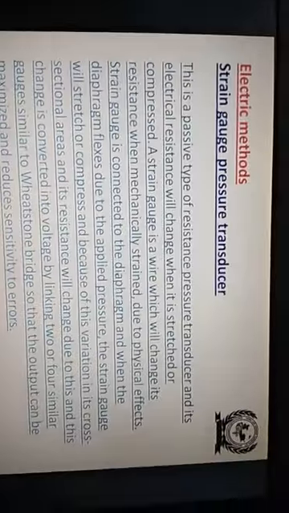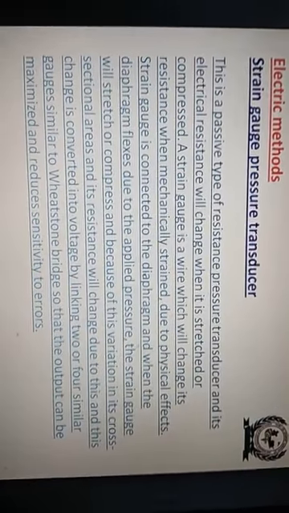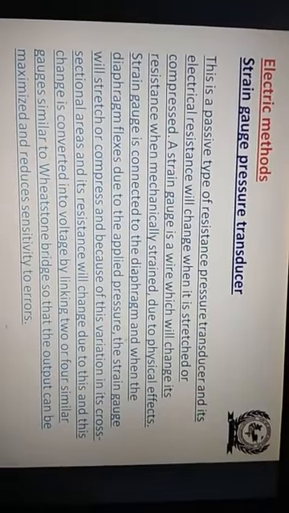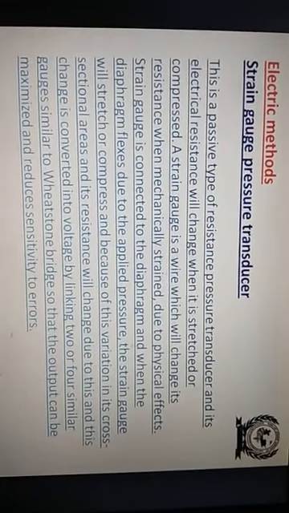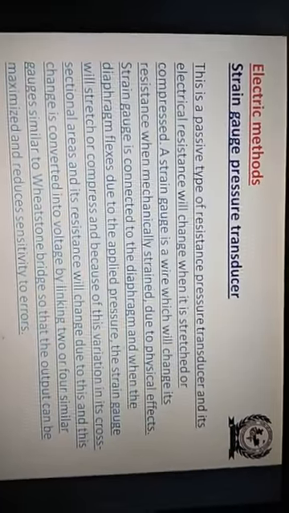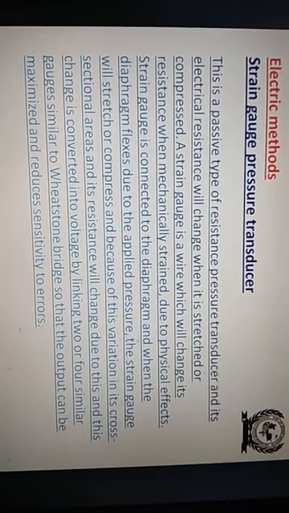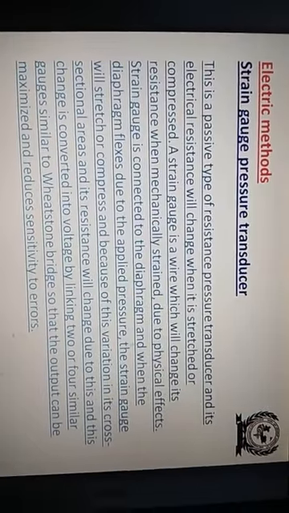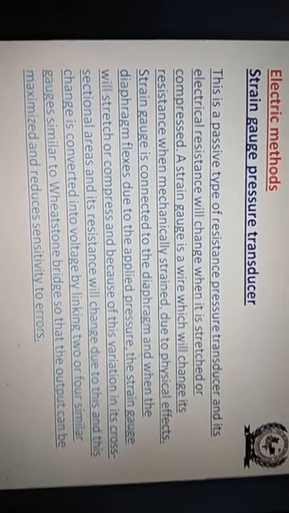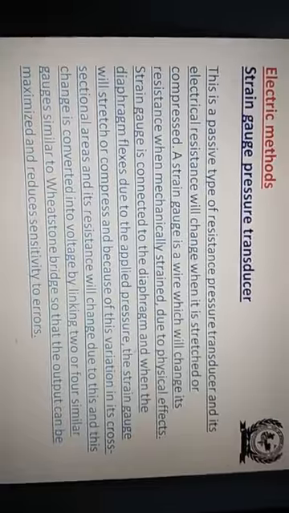So what is a strain gauge? A strain gauge is simply a wire whose resistance changes due to the pressure on this wire connected with the diaphragm. Once this pressure is there, there will be a change in the resistance of this wire.